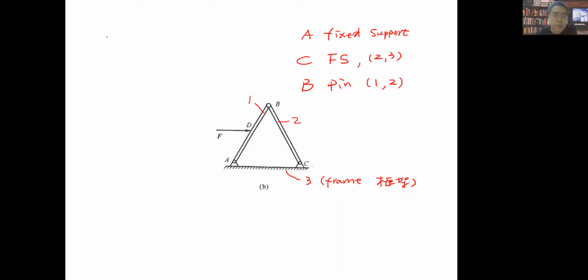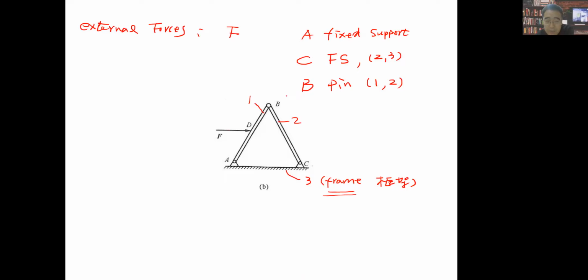And we just talk about two kinds of forces. One is external forces. So when we select this whole part as the object to be studied, this F should be one of the external forces. And because we know it's in the condition of equilibrium, we should remove all the constraints related with the frame, right?